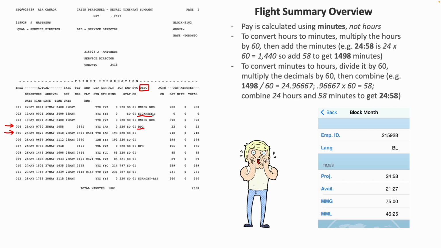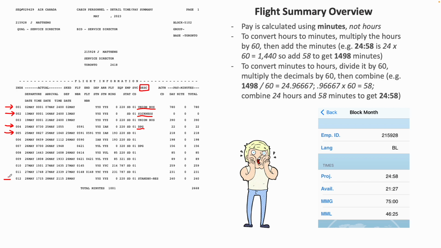Similarly, we have sickness as an activity for index 2, so that would be logging any time that you are off of payroll temporarily when you're ill. And in my case, as a union representative, I do get union releases on occasion, and UNION BUS is just short for union business, so that classifies this as not a flight, but rather union business I was conducting.